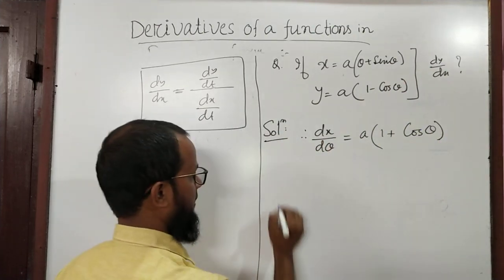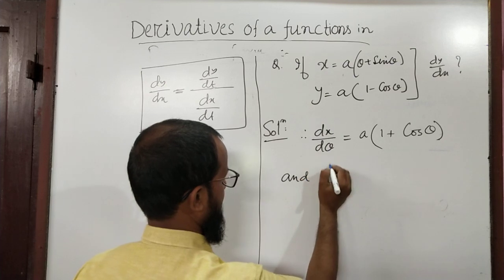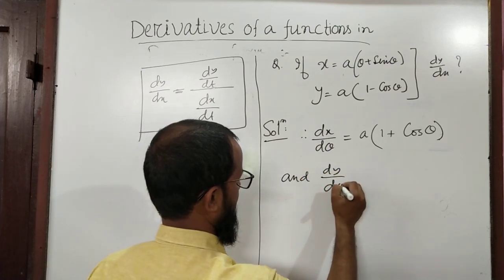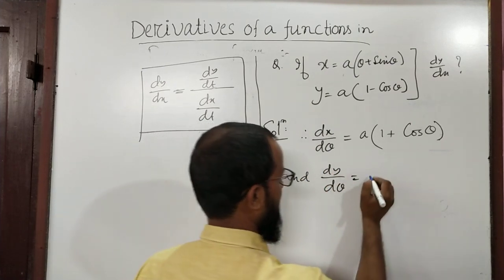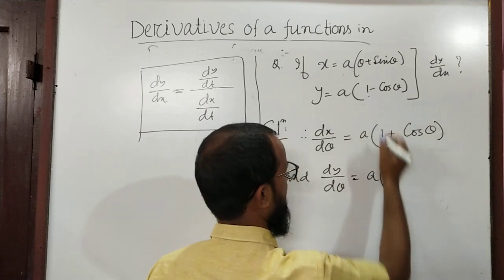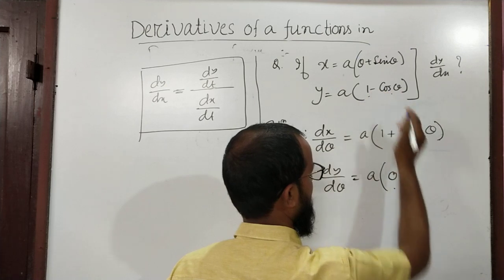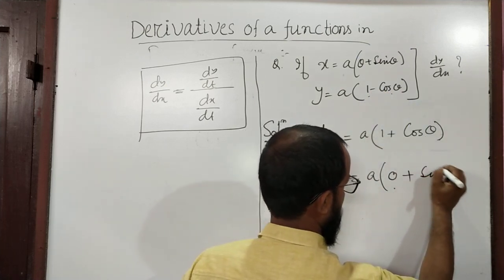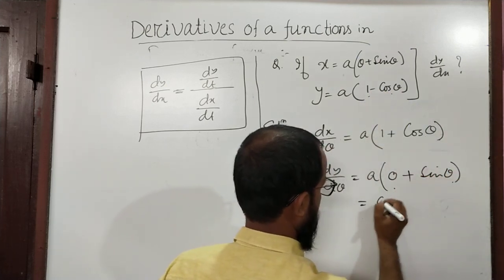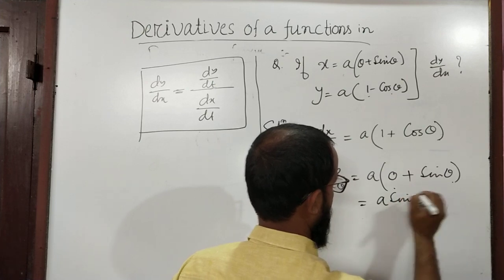Cos theta. And what is dy by d theta? Again, a is a constant, the derivative of 1 is 0, and the derivative of cos theta is equal to minus sin theta, minus and minus make a plus. Finally, it is a into sin theta.